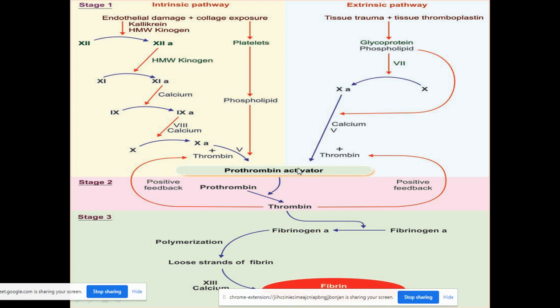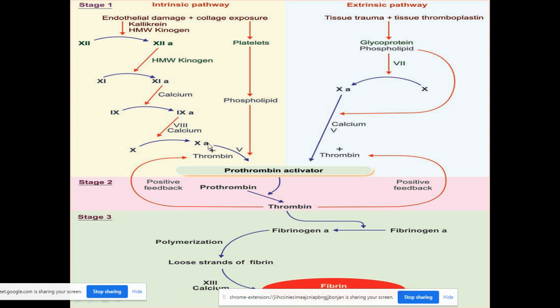Okay, did you understand? So the activated factor 10 will combine with thrombin, factor 5 and phospholipid, and together they form the prothrombin activator. Okay, this is the role of the intrinsic pathway.